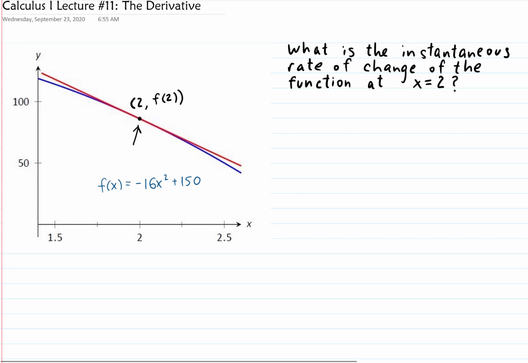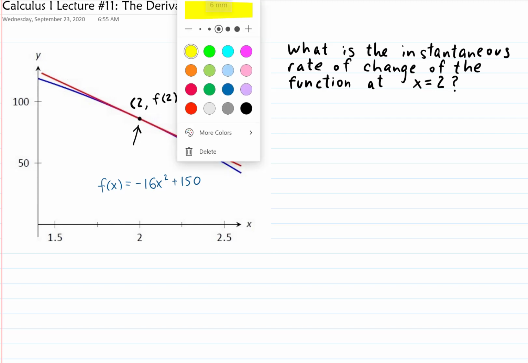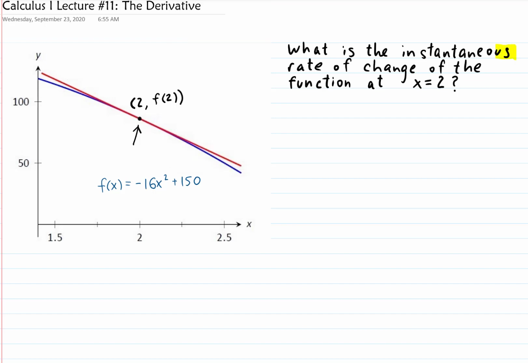Okay, so that's called the instantaneous rate of change. Alright, so now, how do you answer a question like that? Well, first of all, we need to talk about what instantaneous rate of change means.